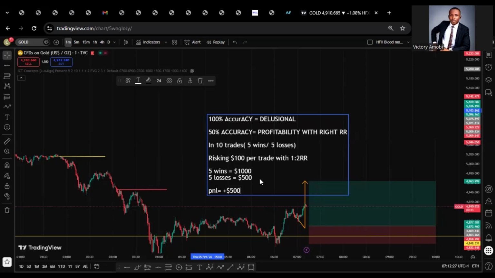If all your 1:2 RR trades hit TP, plus 5 of them, you're up $500.